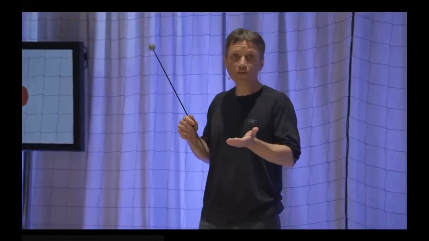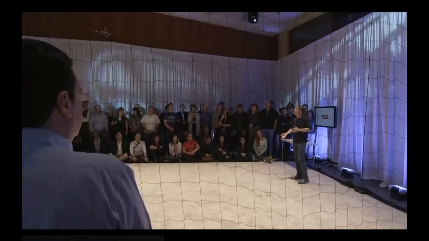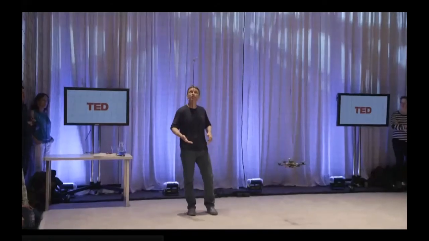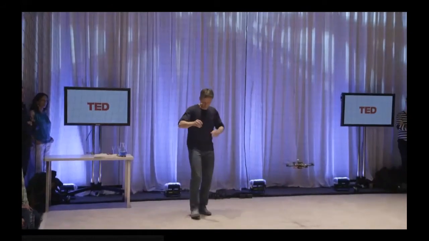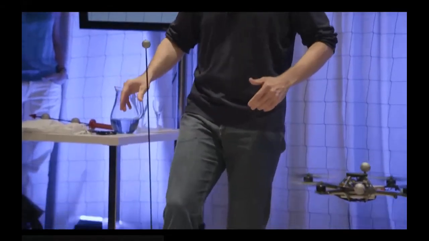Suppose that we want this quad to not only hover, but to also balance this pole. With a little bit of practice, it's pretty straightforward for a human being to do this, although we do have the advantage of having 2 feet on the ground and the use of our very versatile hands. It becomes a little bit more difficult when I only have 1 foot on the ground and when I don't use my hands.